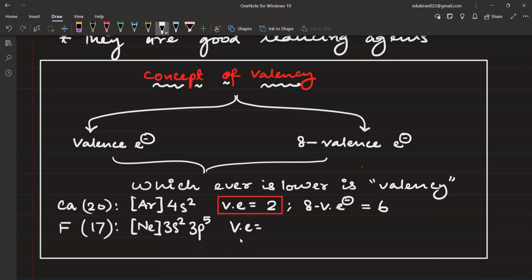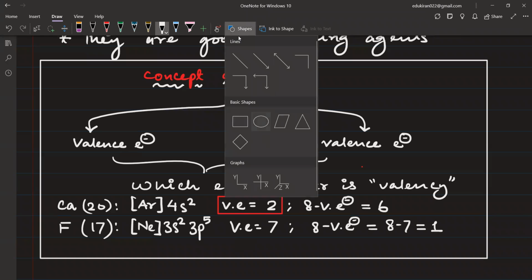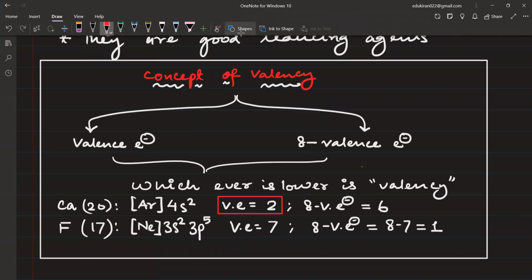The valence shell is the second and the valence electrons are equal to 7. And here 8 minus valence electrons is 8 minus 7, which is equal to 1. So what will be the valency for fluorine? 1. Very good, Devangi. One will be for fluorine.